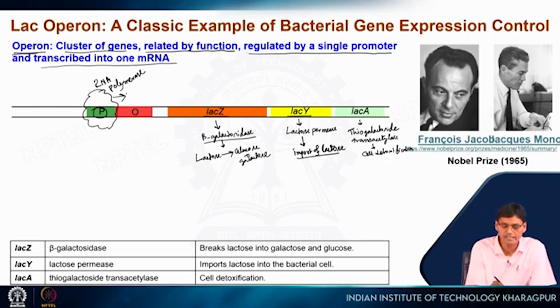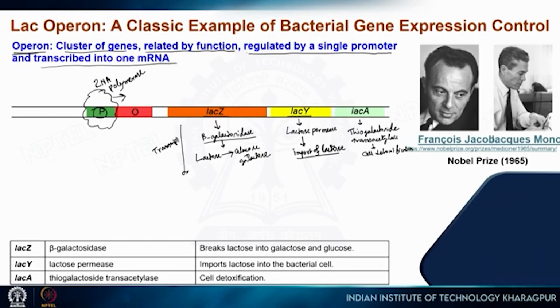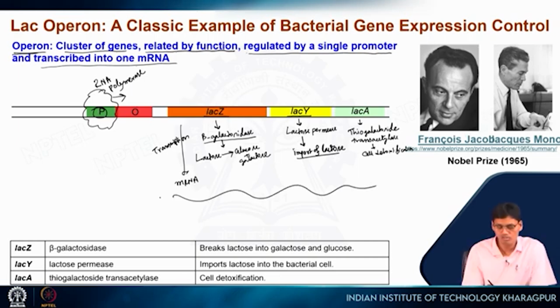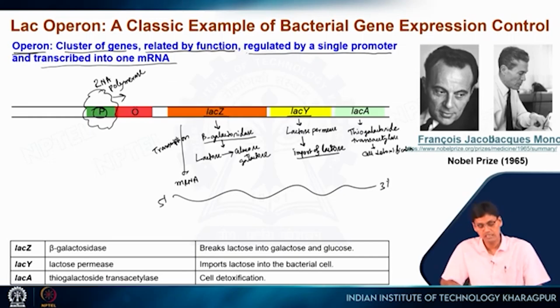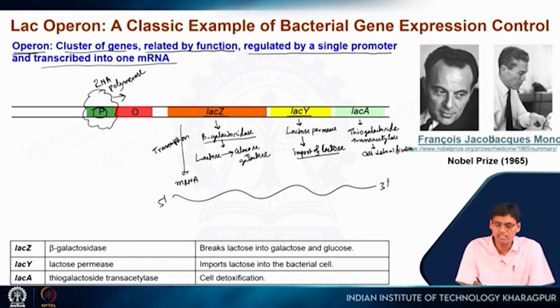Because of the transcription, you will get mRNA, 5 prime to 3 prime, and this mRNA will be translated into protein, because in this mRNA you have the information to make the LAC-Z product, LAC-Y product and LAC-A product.